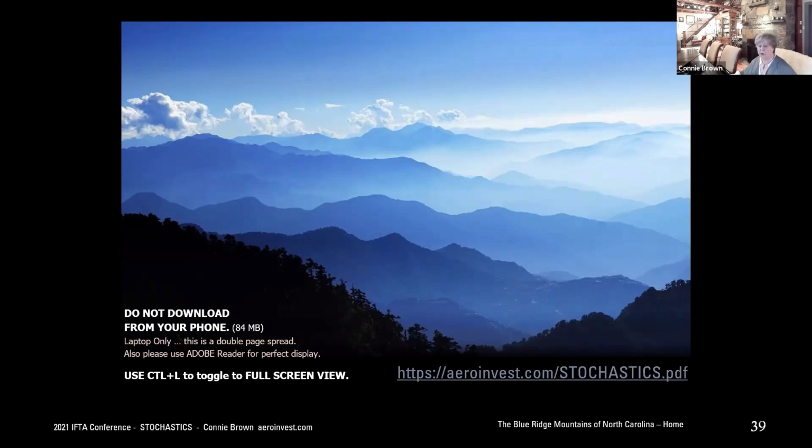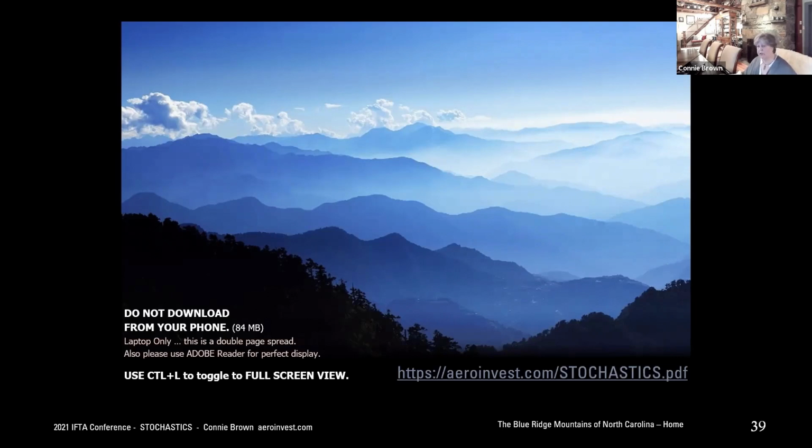The other thing to know, and this is also true of the magazine, you can use Control L to toggle. You want this to be in full screen view. You want a black background, and how you know you're in full screen is your pages will have a solid black like this around you.